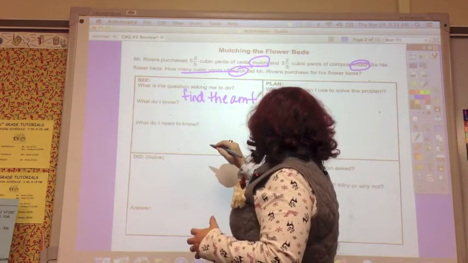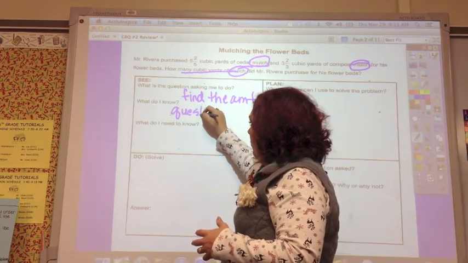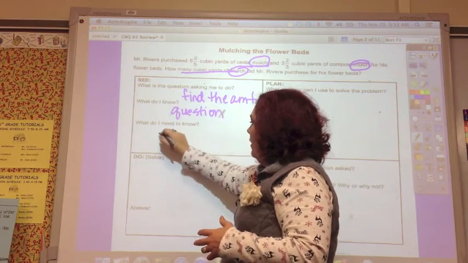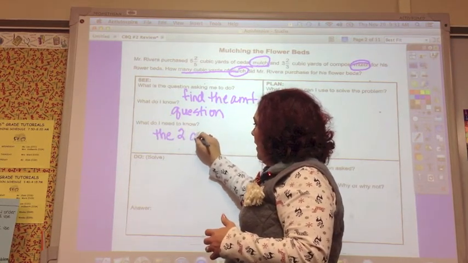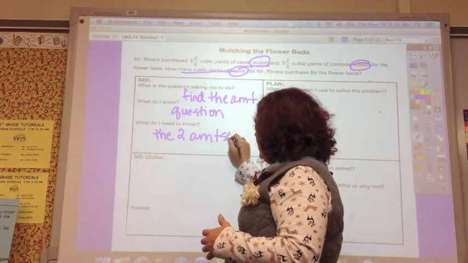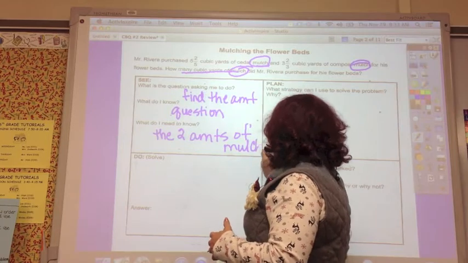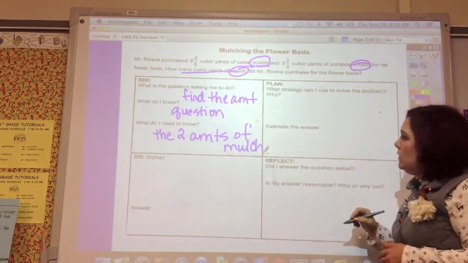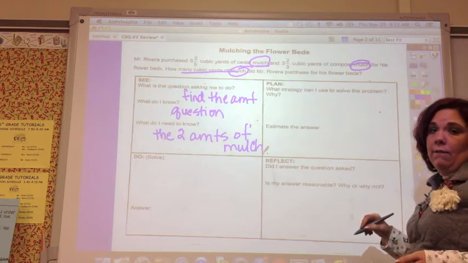How do I know? Because of the question. Okay? What do I need to know? The two amounts of mulch. And what strategy can I use to solve the problem? Well, I'm going to use addition to solve the problem.